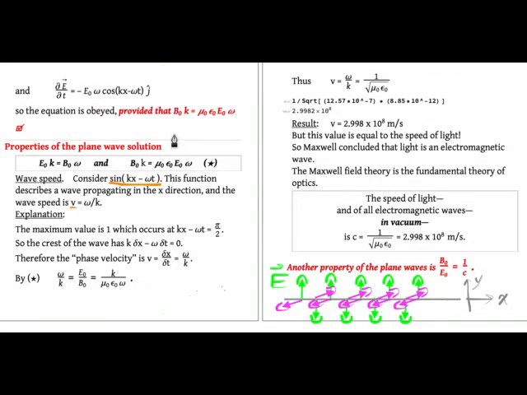So we have these four parameters. E0 is the amplitude of oscillation of the electric field. B0 is the amplitude of oscillation of the magnetic field. k, sometimes called the wave vector. And omega, the angular frequency.